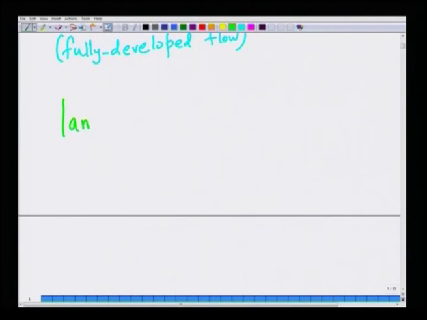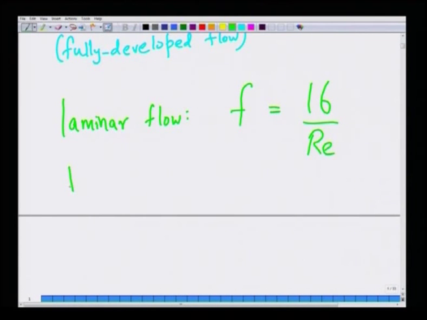So, we also showed that in the laminar regime, the friction factor is nothing but 16 divided by Re, while in the turbulent regime you have to use the friction factor chart.